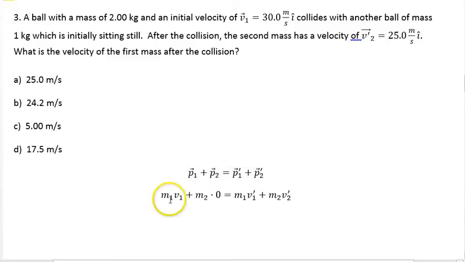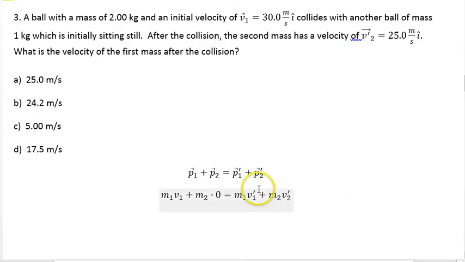So this is where we end up with mass 1, which is 2 kilograms, times velocity 1, which is 30 meters per second, equals mass 1, or 2 kilograms, times whatever its velocity is after the fact, plus mass 2, the 1 kilogram, times the 25 meters per second.